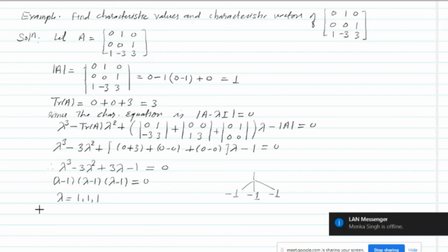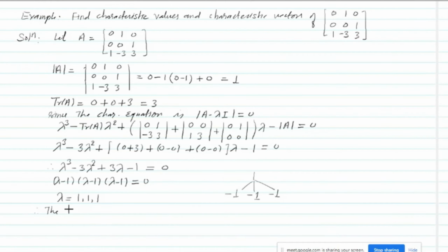So therefore lambda equal to 1 is the eigenvalue of the given matrix. Or you can write lambda equal to 1, 1, 1 is the eigenvalue of the given matrix.